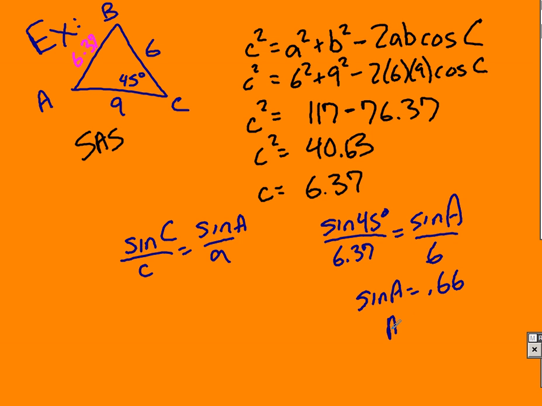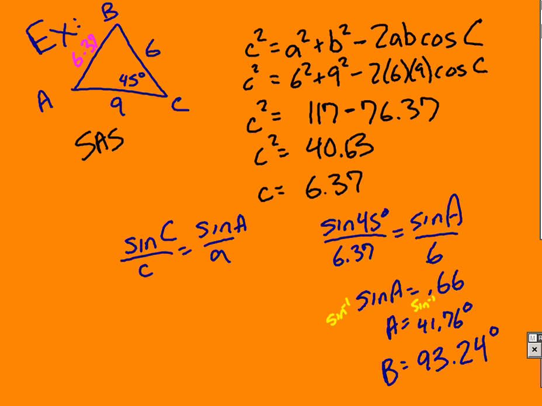When I take the inverse sine of both sides, to get A by itself, A is going to equal about 41.76 degrees. So now I have two angles. I can find the last angle, which is angle B, whatever's left over from 180, which is 93.24 degrees.